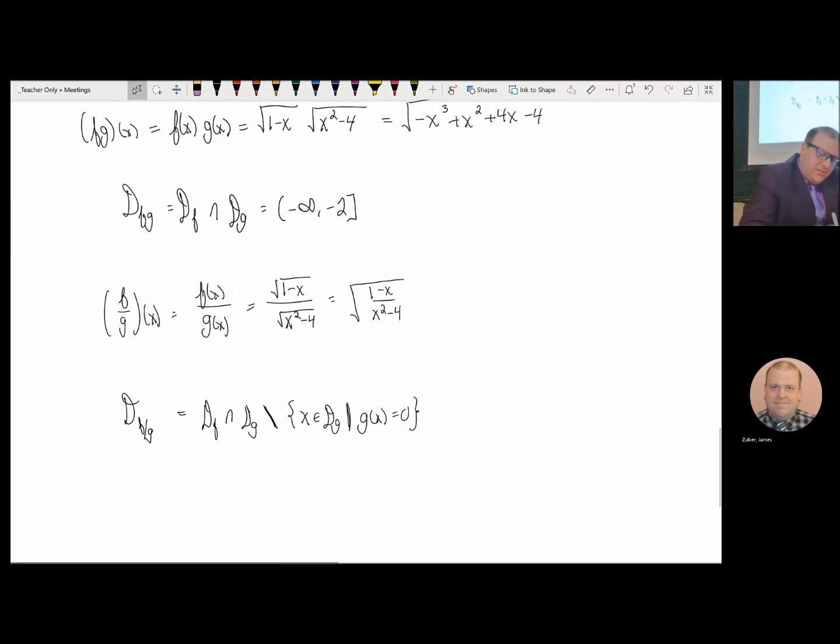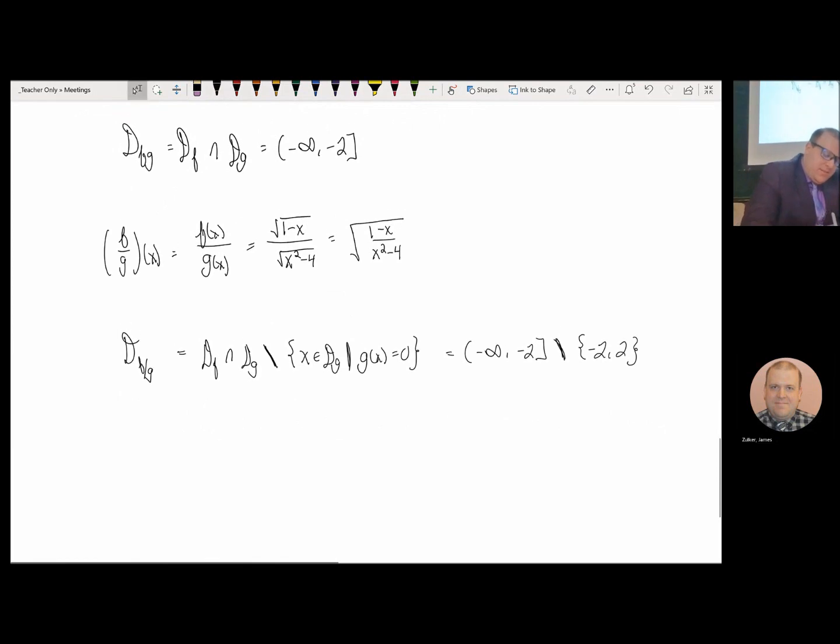So if I write this out, that's what it would look like. Negative infinity to negative 2 minus the set of negative 2 and 2. What this means, look at the interval negative infinity to negative 2.